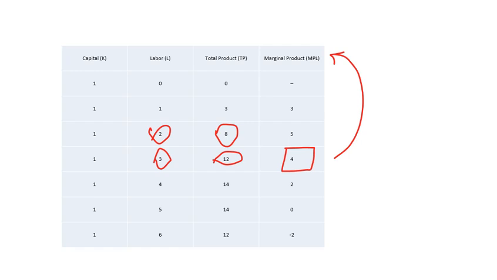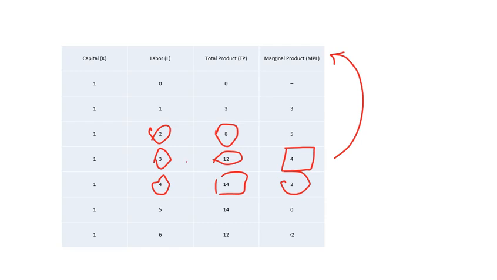Now let's say the workshop hires one more worker, from 3 to 4. The total product here rises from 12 to 14, which means the marginal product is 2.